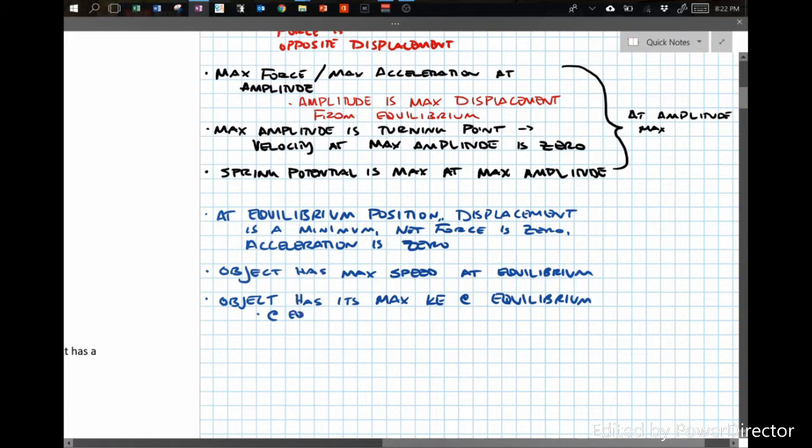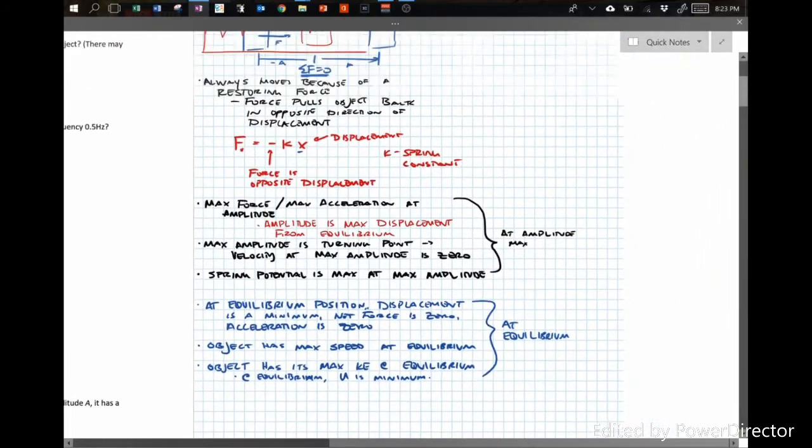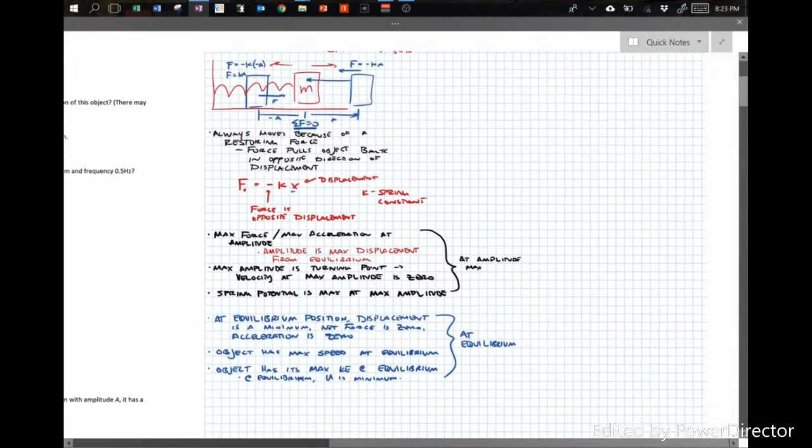And at equilibrium, in addition to the net force being 0 and the acceleration being 0, the potential energy is a minimum. So at this equilibrium position is when all of these things happen. Those are our interesting points for simple harmonic motion: what happens at an amplitude and what happens at equilibrium.